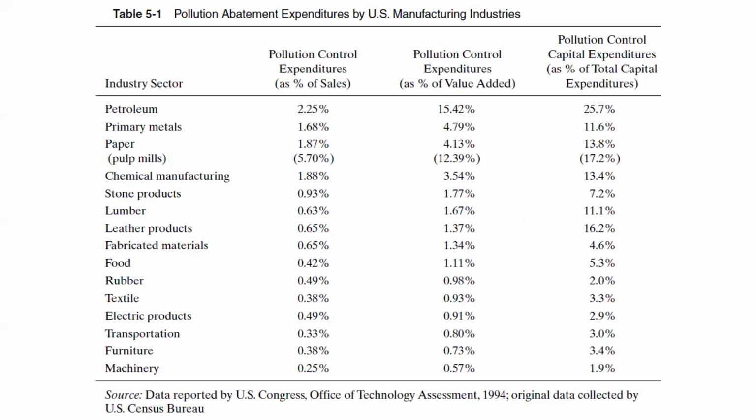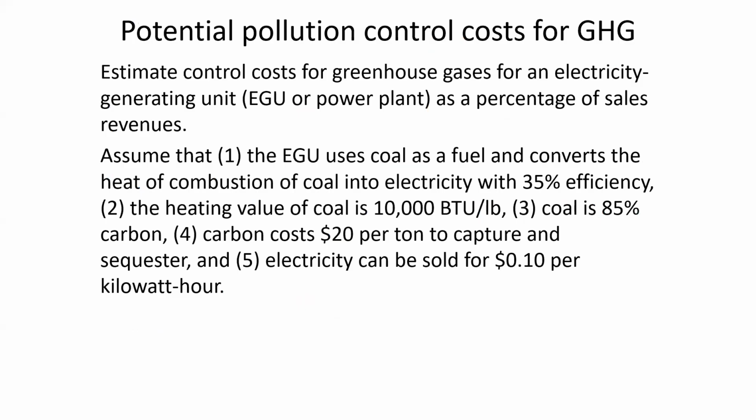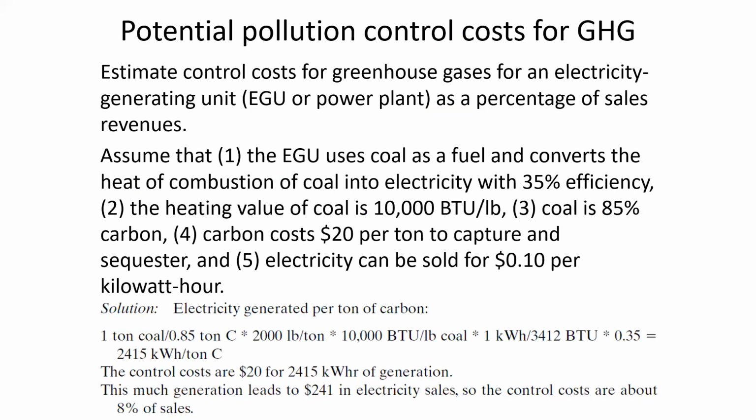Okay, so these are some of the tables which talk about pollution control expenditure, how much pollution control was there. And here they talk about estimated control cost for greenhouse gases from an EGU or power plant as a percentage of sales. So this data is available, and then estimated control cost for greenhouse gases when they are using coal, electricity generated per ton of carbon.